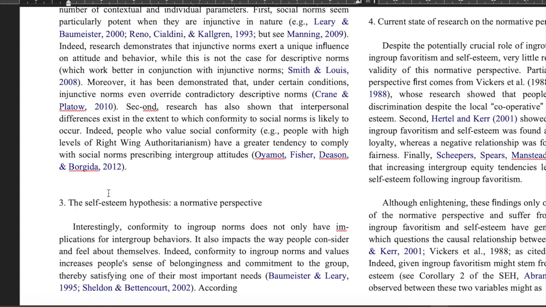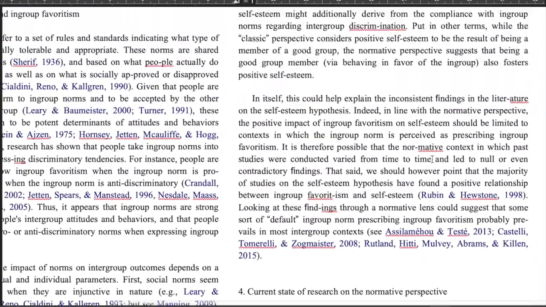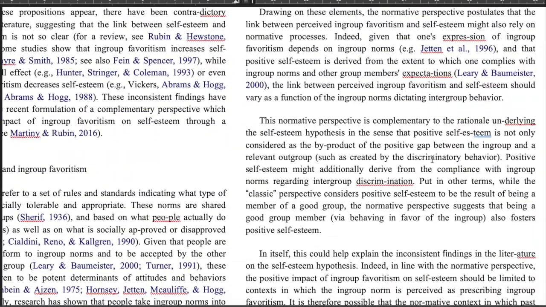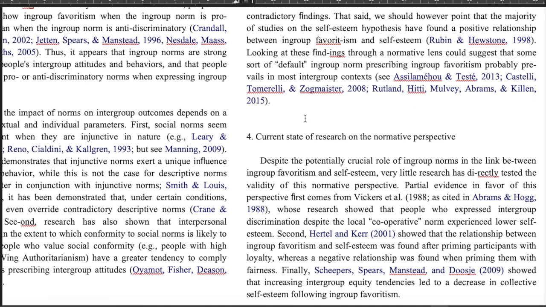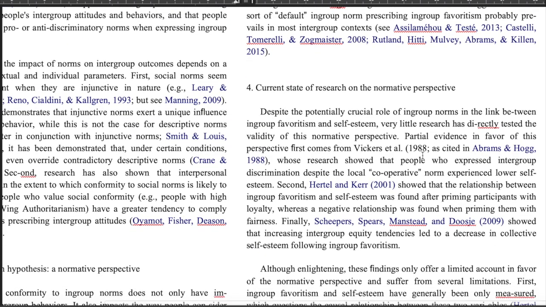They will present here that the self-esteem hypothesis should not be taken as something that will always pan out, will always be consistently there, and that it will only manifest under certain conditions, and that is when the in-group norm is supportive of in-group favoritism, followed by some empirical evidence for the moderating role of normative norms.